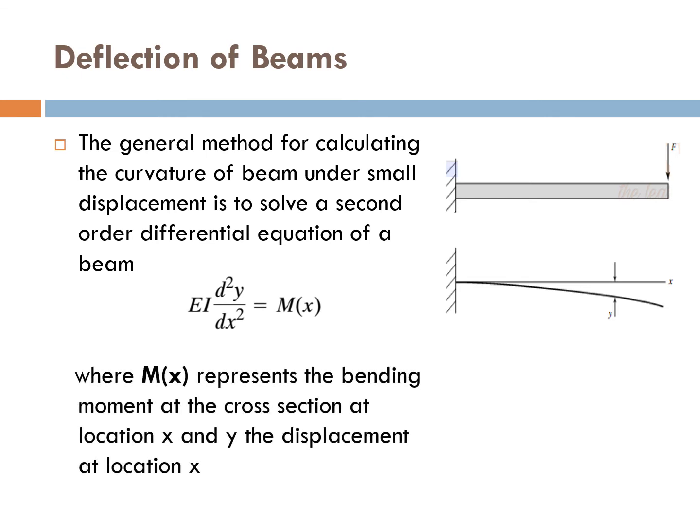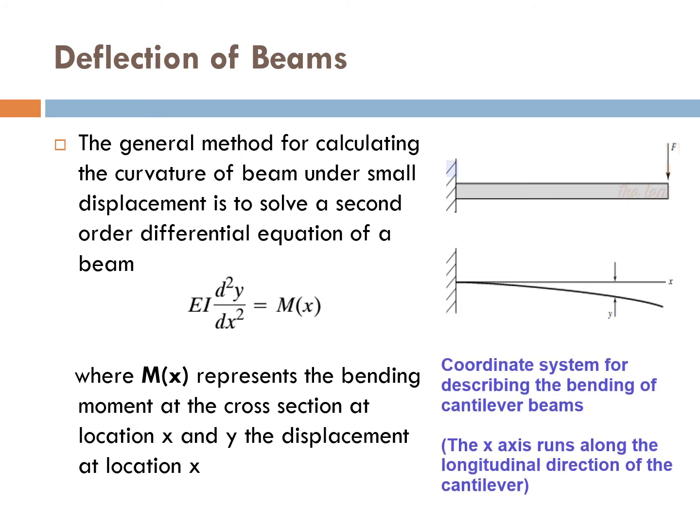Here M of x represents the bending moment at the cross section at location x, and y represents the displacement at location x. The figure shows the coordinate system for describing the bending of cantilever beams, where the x-axis is along the longitudinal direction of the cantilever.